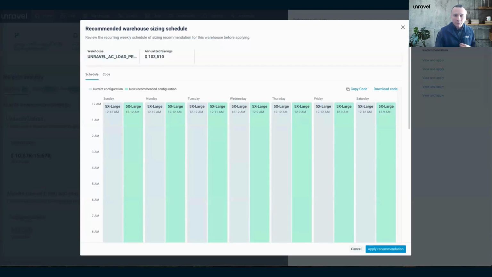So now, in terms of our recommendations for warehouse sizing, Unravel takes in a lot of information. We take in considerations like idle time of the warehouse. Is it a virtual warehouse? What is that query load, right? We just talked about that earlier, in Snowflake's own documentation recommending we consider things like load.